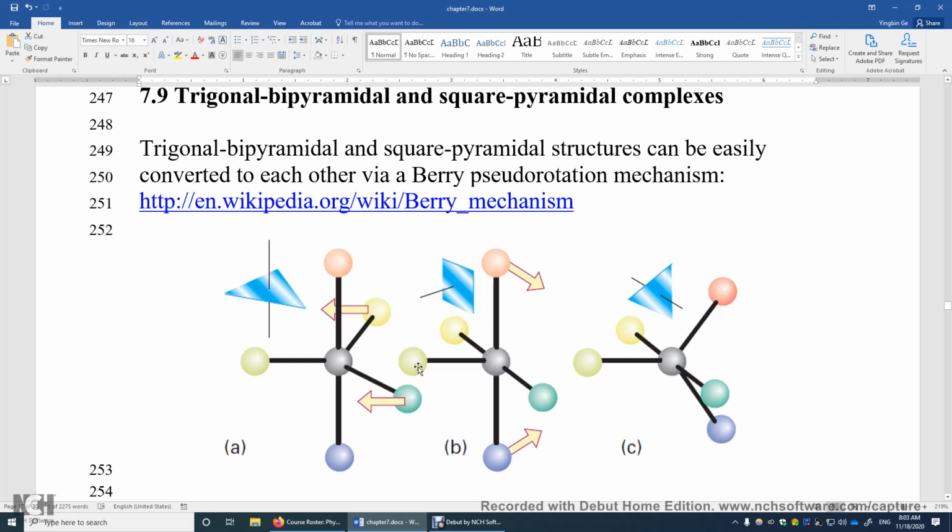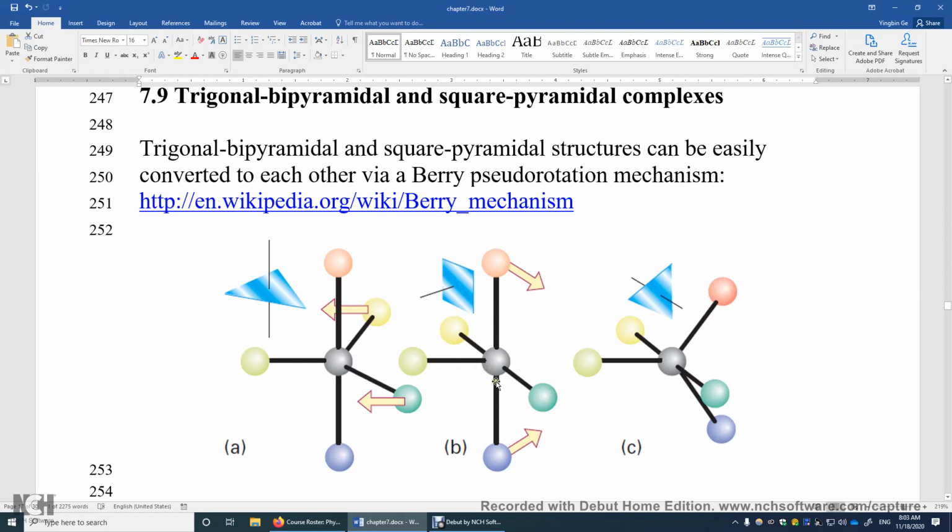Now you have 4 ligands on the basal positions. We can again change the bond angles. We can change this bond angle from 90 to 120. So we'll just open up this one.